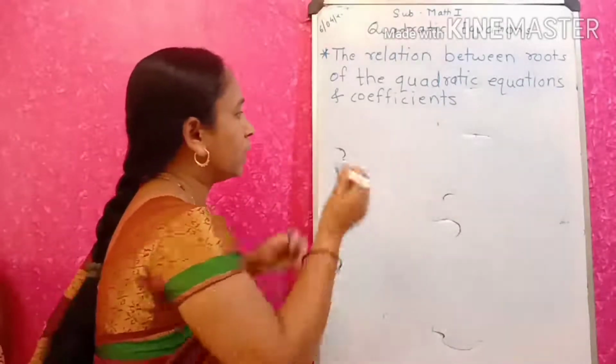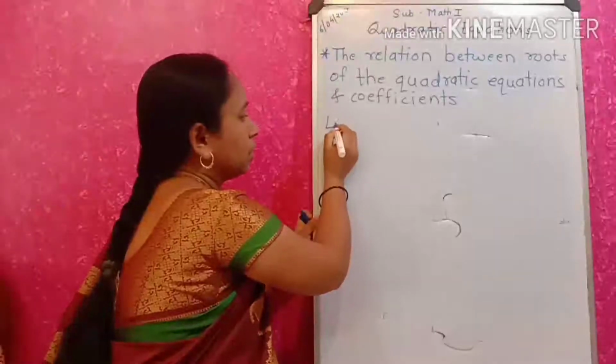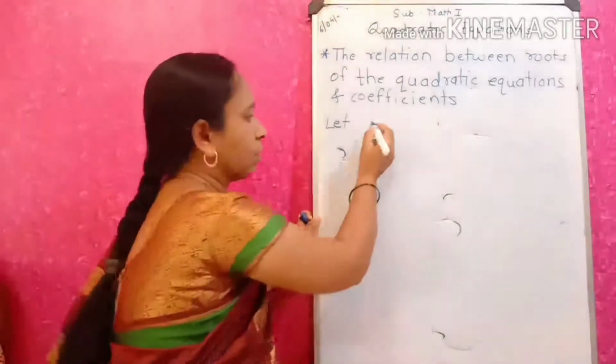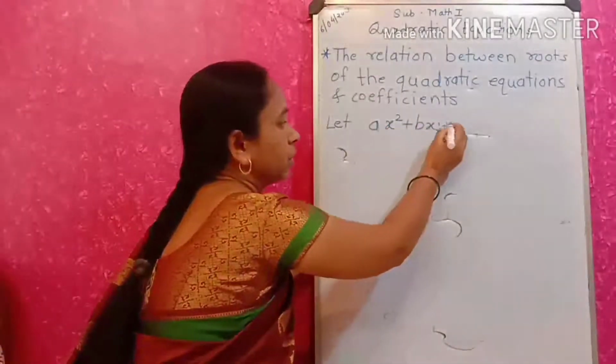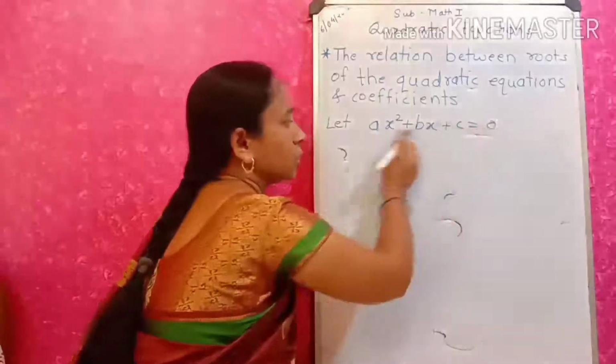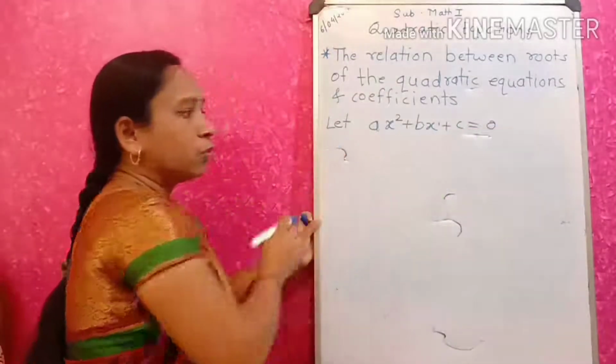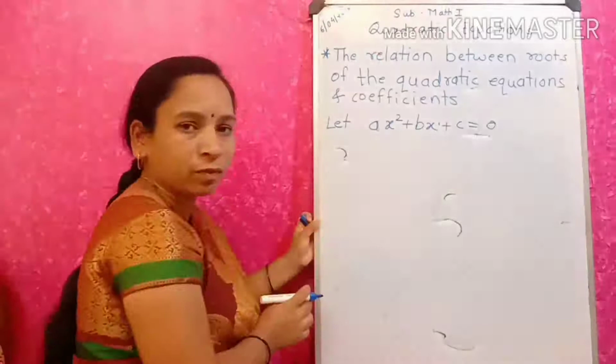Suppose there is one quadratic equation. I'll consider the quadratic equation ax square plus bx plus c is equal to 0. This is a quadratic equation and you know that you will get two roots of it.